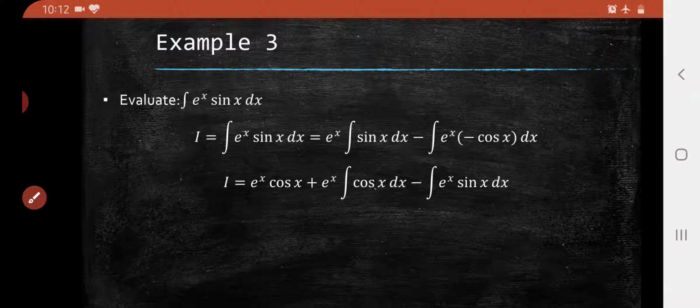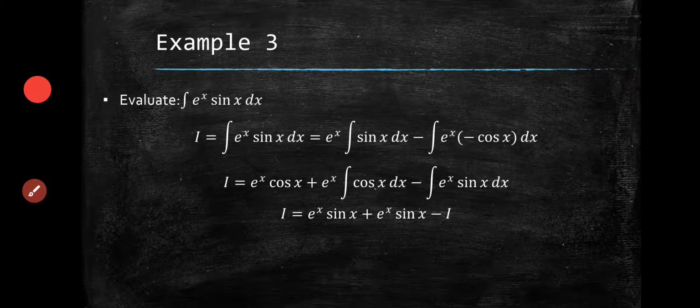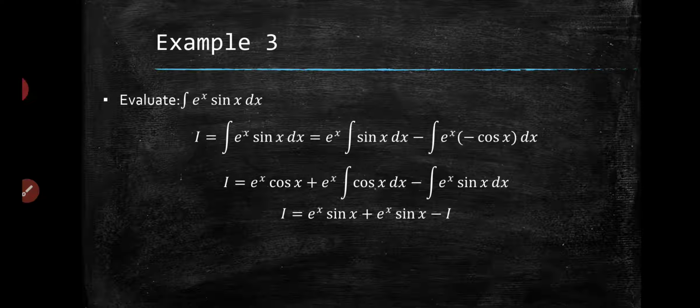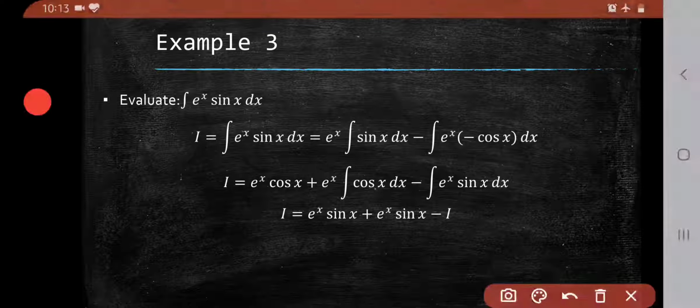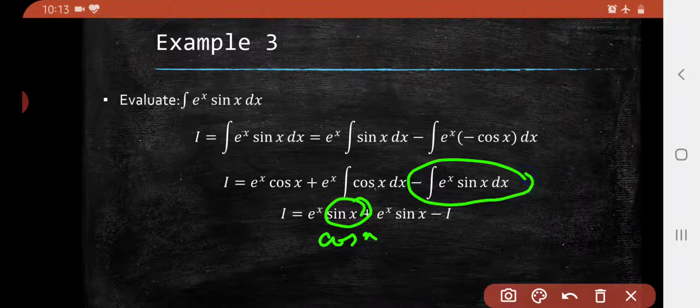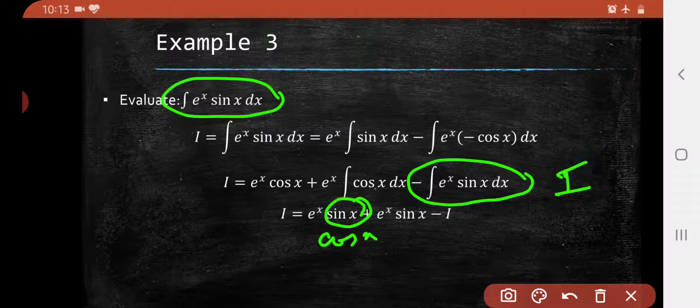Next, e to the power x into cos x dx, that cos x integration becomes sin x, it comes out. This problem I have made so many printing mistakes. This is cos x, whatever. Now minus I, why minus I? This whole thing is exactly the thing I started with, so therefore I can write here as I.